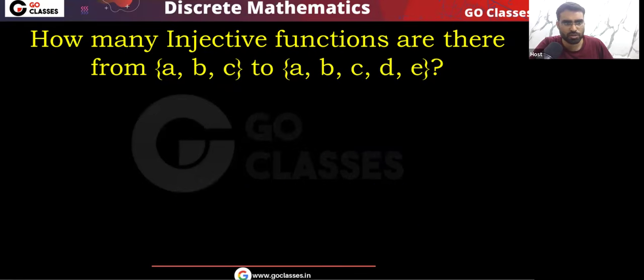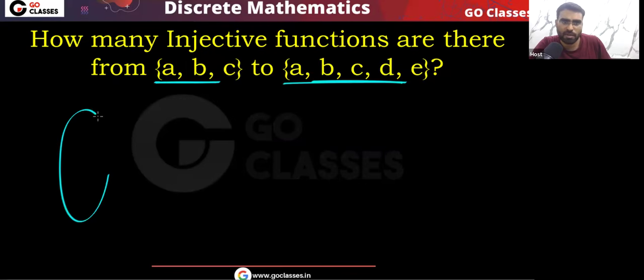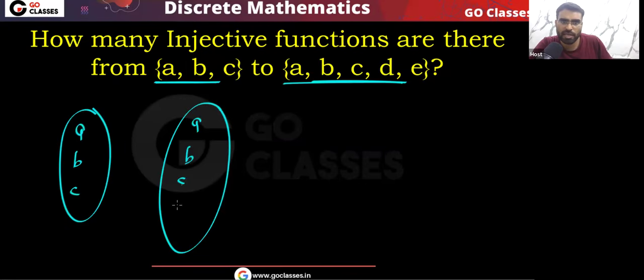Tell me the answer for this question. How many injective functions are there from ABC to ABCDE? This is your domain ABC and this is your codomain ABCDE. Now tell me how many functions? Remember, I want injective functions. For A, how many choices do I have?